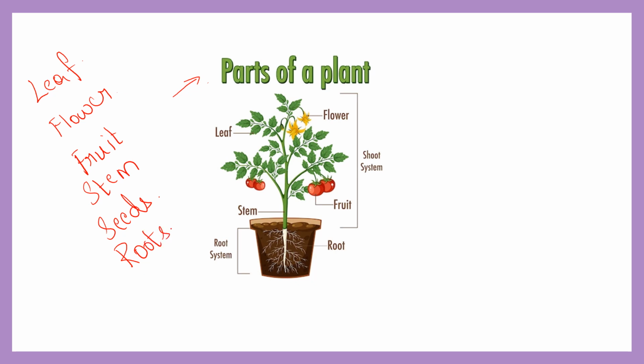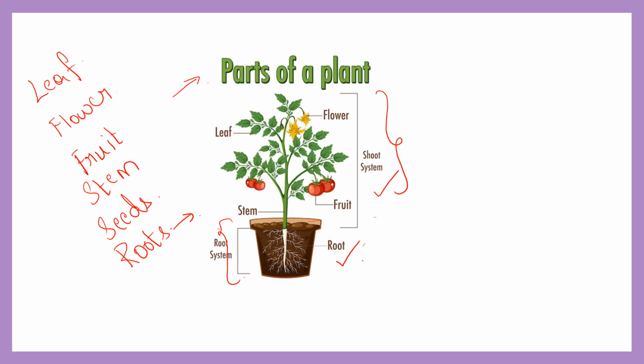So these roots will be under the ground, right? So this is called as root system, okay? And all these other parts will come under the shoot system. So whatever parts of the plant that are above the ground, that will come under the shoot system, and whatever parts that are beneath under the ground, then all those will come under root system.